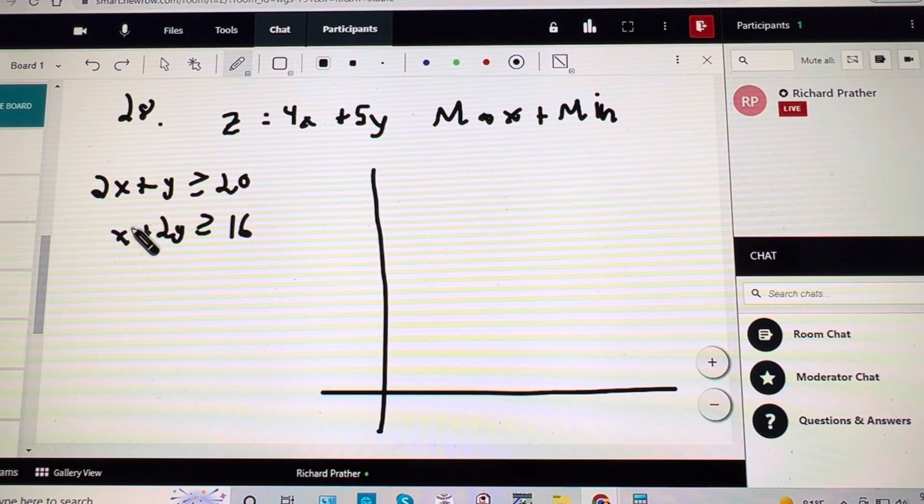Okay, so if I put 0 in for y, 2x would equal 20. So divide by 2, x is 10. Put 0 in for x, y equals 20 directly.